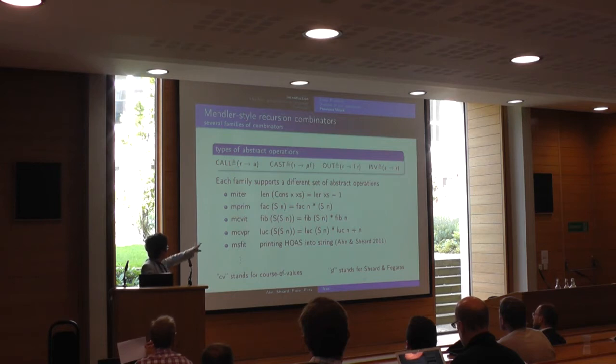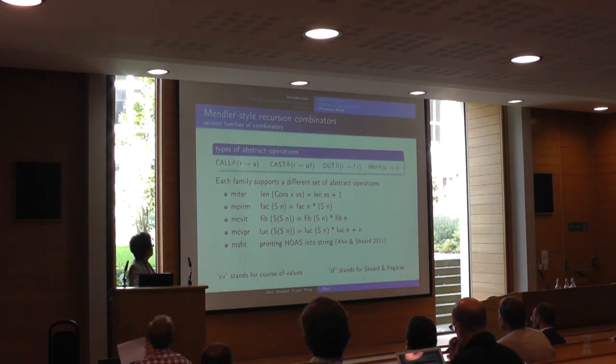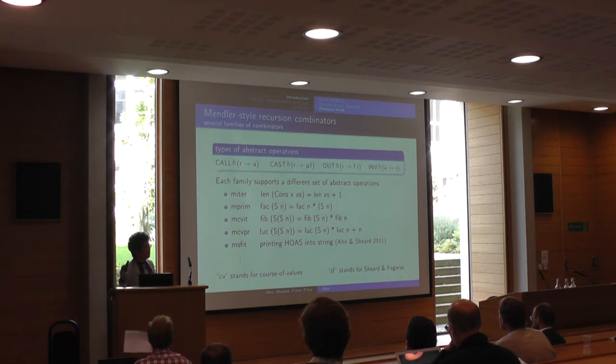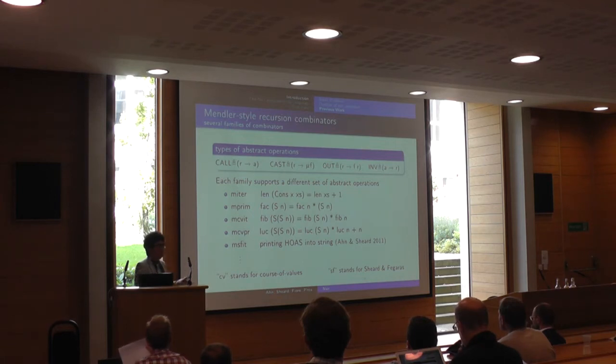The course of values iteration, the Fibonacci function, is well known, and we've seen that in the last session, that you can kind of rewrite this into iteration. You didn't say that, but that's what was basically going on. And there's also, of course, course of values primitive recursion. This is a Lucas function.